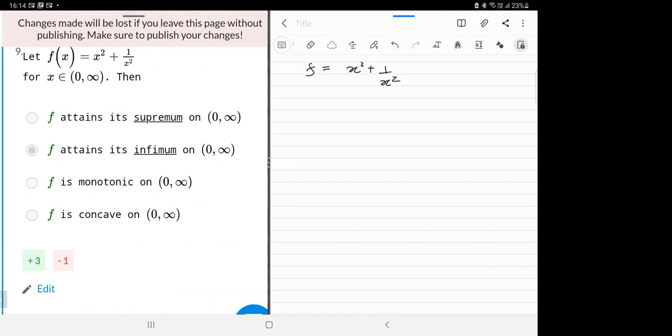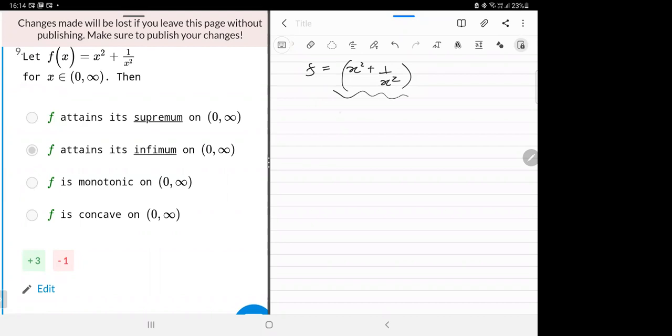Actually, the doubt was I was not able to find the infimum or the supremum there. Okay. What is supremum? The highest. Very good. So how do you find the highest of any function? By differentiating.